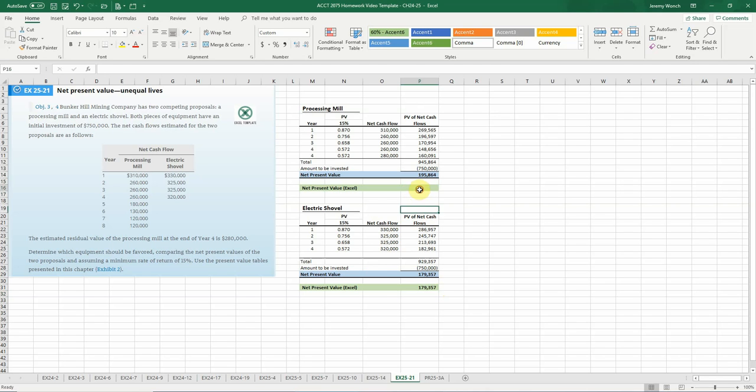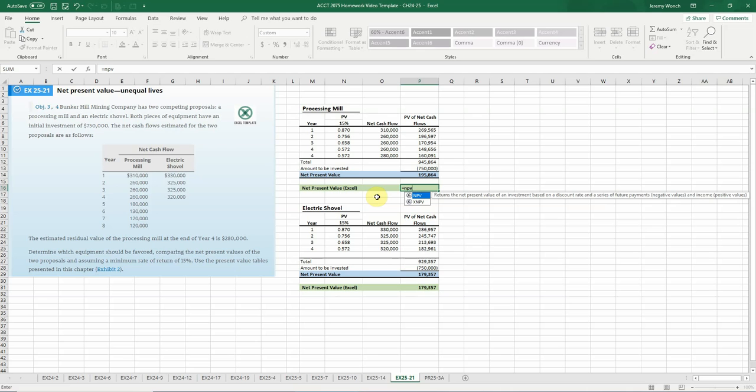So for the processing mill, since we have 2 cash flows right here in year 4, there's 2 ways to do it. So we can do the net present value, we have our interest rate. Actually, I'm going to do this.